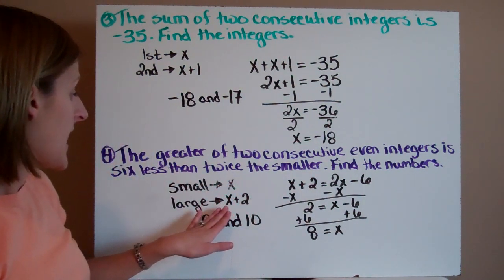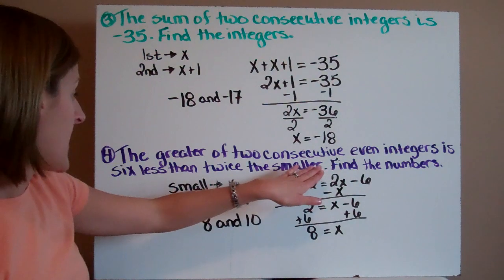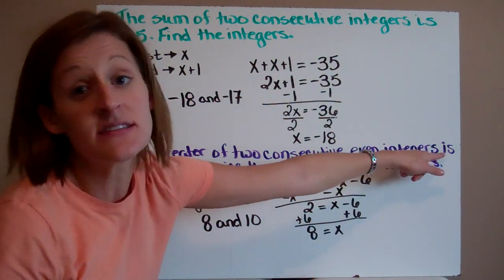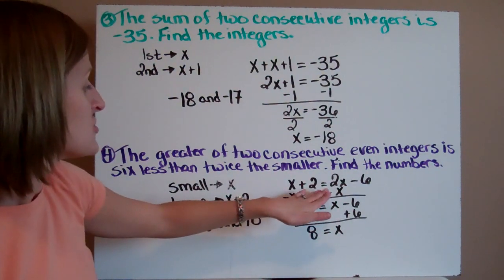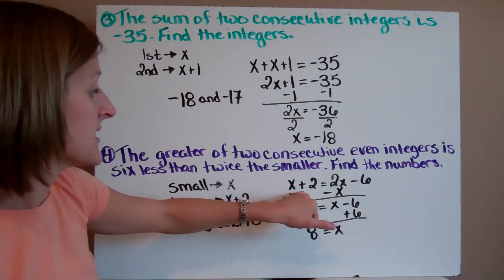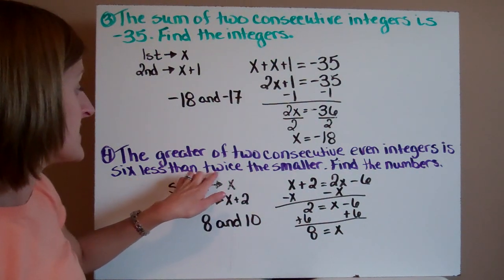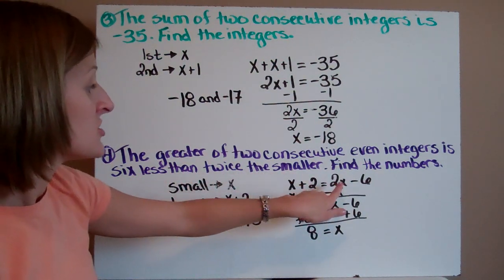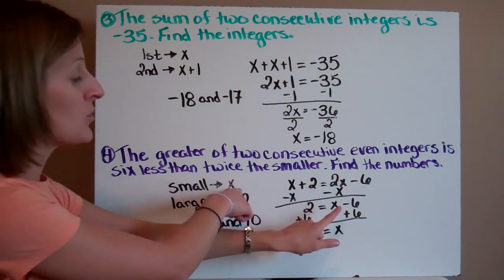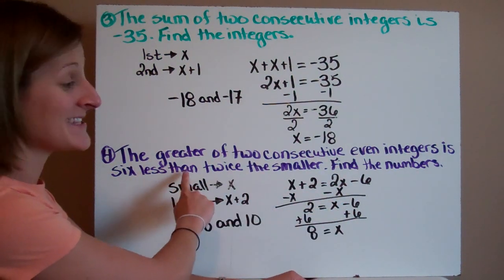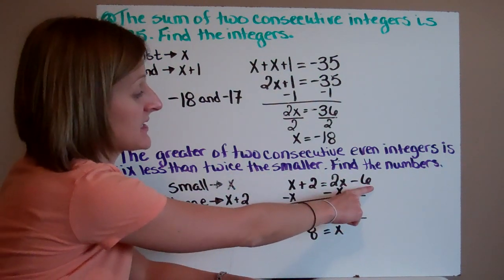So I take that, and it says that the greater of the 2 consecutive even integers is, and that means equals, so I do my larger one, that's x plus 2 equals, and it's going to say 6 less than twice the smaller. So I do twice the smaller number, which I stated was x, and I need to do 6 less than. That means I need a minus 6.